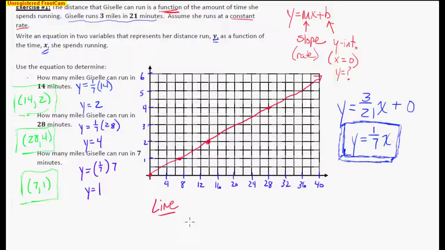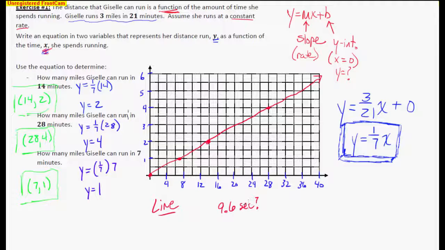Okay. And another question is, it says, is the function continuous or discrete? All right. And that's where we ask ourselves, can I plug in different values for x? Is there any limitation on plugging in values for x? Well, what is x representing? It's representing the time. And so could I plug in like 9.6 seconds?